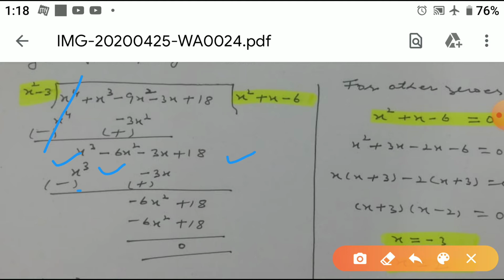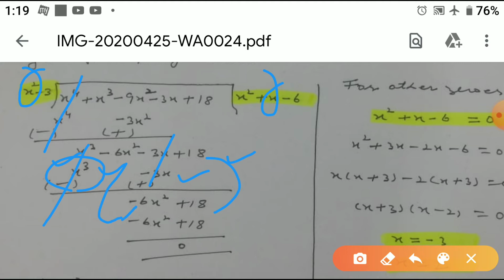Now we need x³ here, so we multiply this x² with x. When you multiply x² with x, we get x³. Then x with -3 is -3x. Change the sign, it cancels. So -3x + 3x also cancels. So we are left with -6x² and 18.